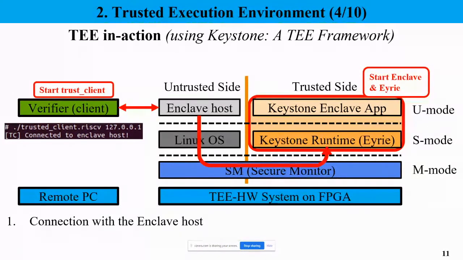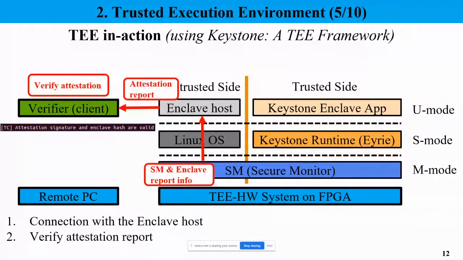The enclave application then communicates to the secure monitor, or SM, in machine mode. In the second step, the verification will create the hash and signature of the enclave application. With this information, the application makes an attestation report to the enclave host, then it is sent to the trusted client. This client checks the attestation report for verification.